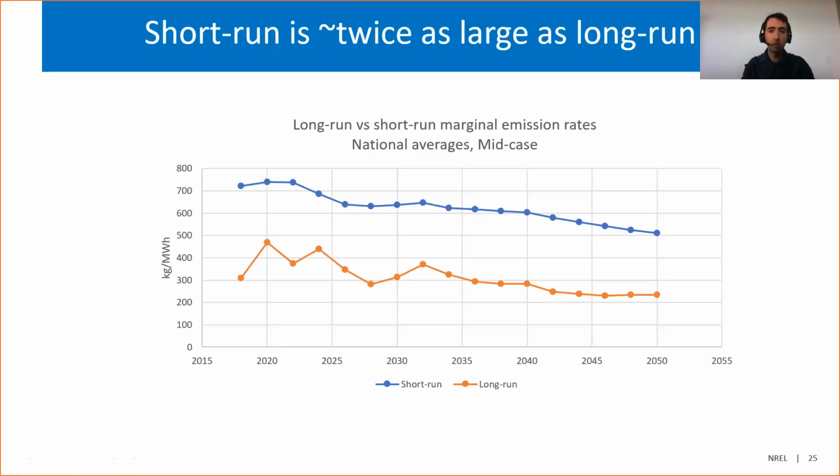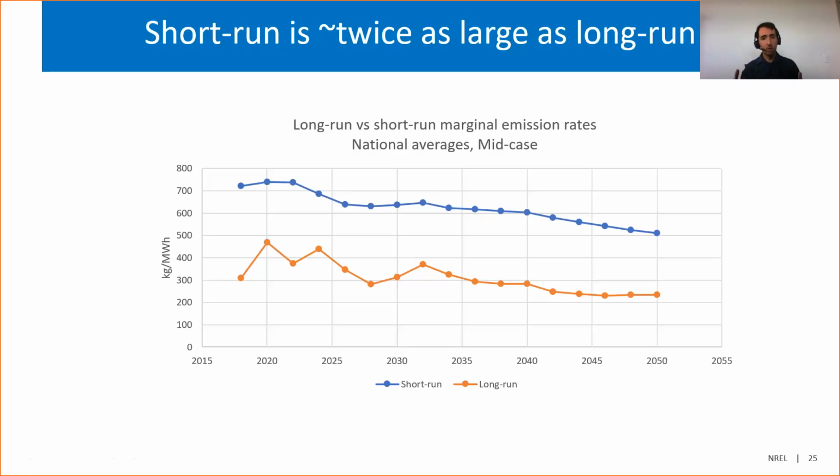The whole point of this plot, all you need to take away from this, is that the short run marginal emission rate tends to be substantially greater than the long run marginal emission rate, because the short run does not properly reflect how increases or decreases in load will influence the structure of the grid, and therefore won't properly capture the contribution of wind and solar to the future of the grid. So this is super important for answering questions like, if I electrify this thing, what are the emissions that are induced in the grid?